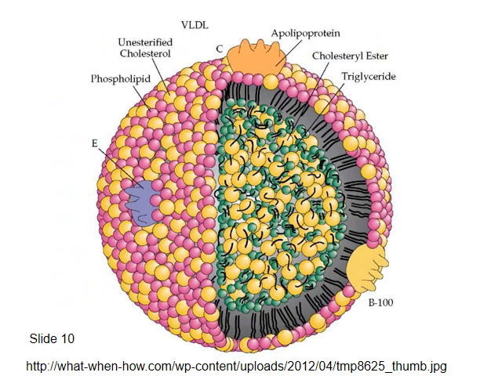This is a cartoon sketch of a lipoprotein. As you can see, lipoproteins have a hydrophobic core composed of cholesterol esters in yellow circles, and triglycerides depicted here by green circles within the core.